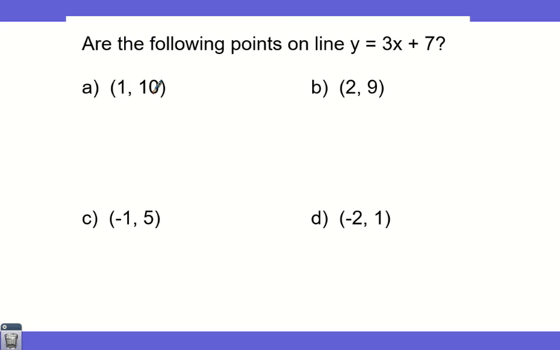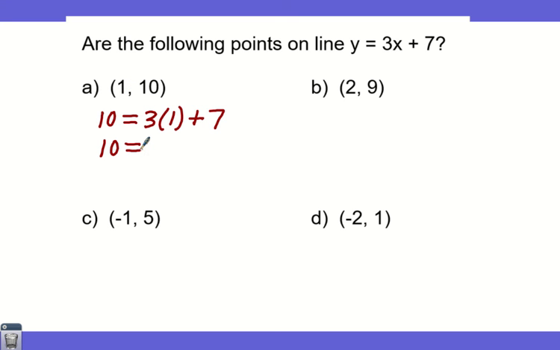If we plug in the 10 for the y and the 1 for the x, let's see if that makes the equation true. Remember, this was y equals 3x plus 7.